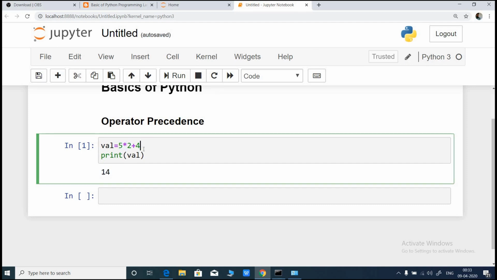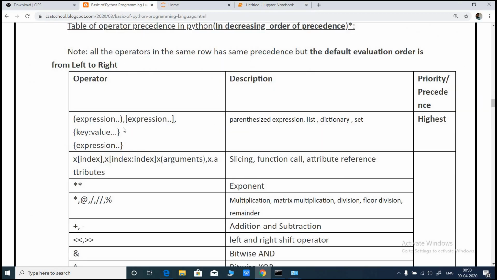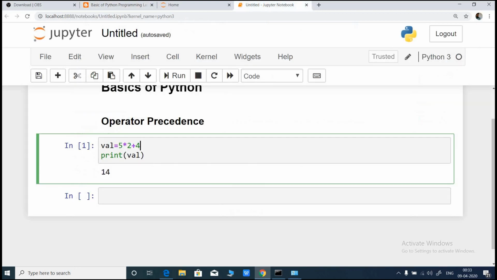So this is the basic idea of operator precedence. Again, we have to remember the table to decide on it. But as we said, parentheses have the highest precedence. So can we change this default behavior where multiplication is done first? What we are going to do is put parentheses. Now according to our table, these two must be added first and then the multiplication should happen.